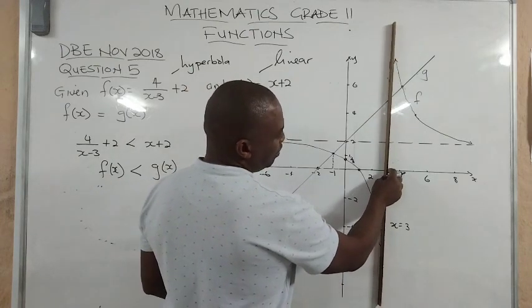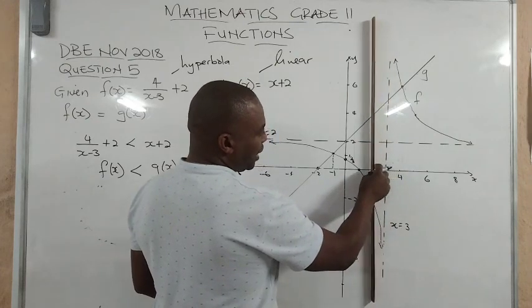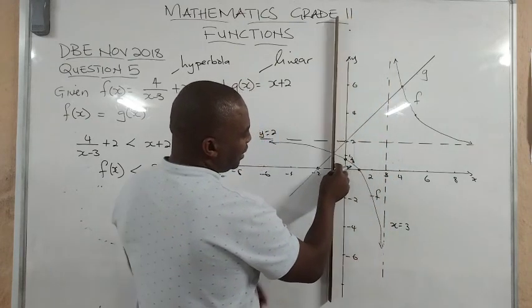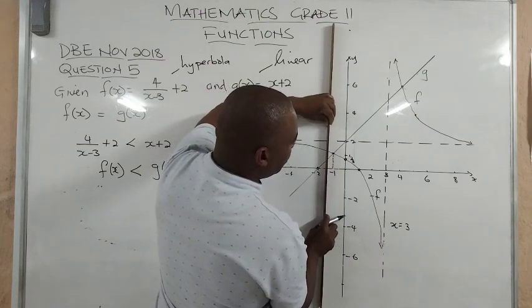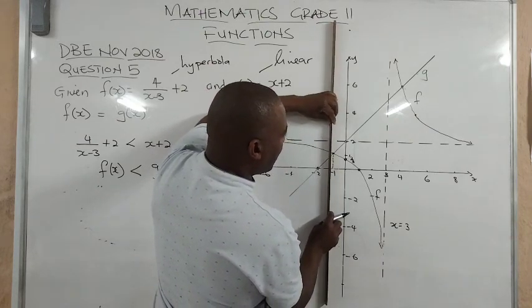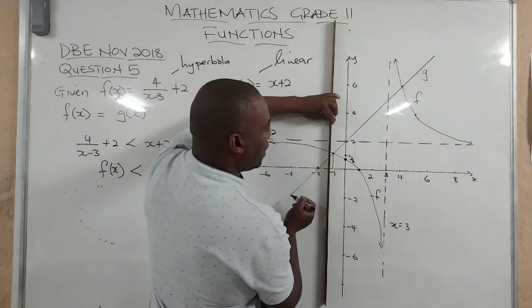So f of x is below from 3 going to the left until we get to x equal to negative 1. That's where f of x goes on top and g of x goes below.